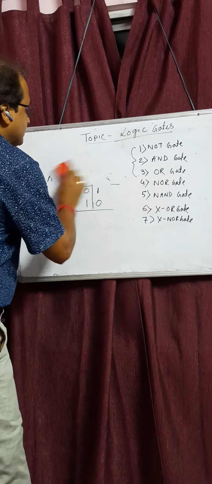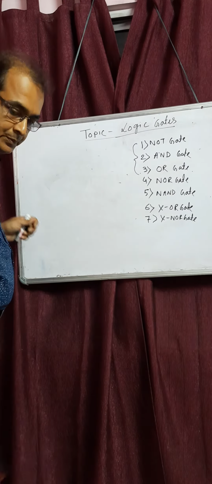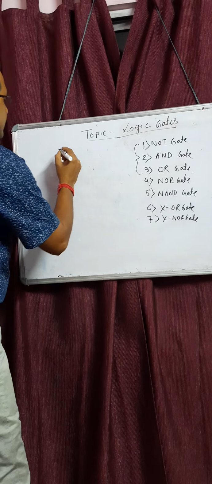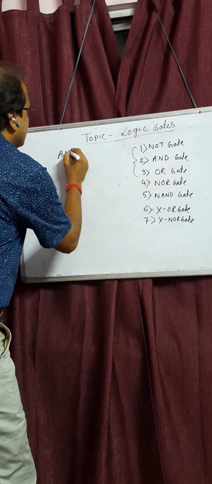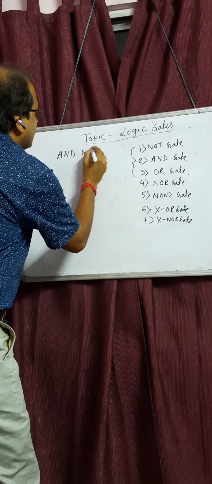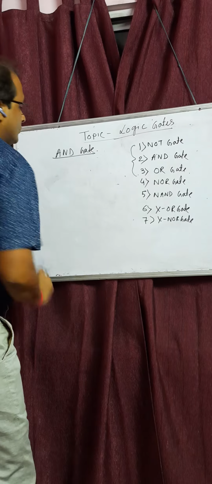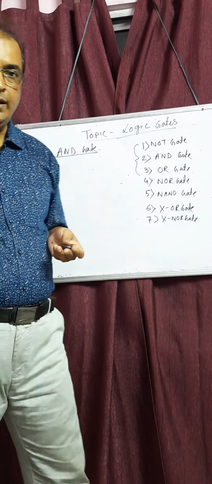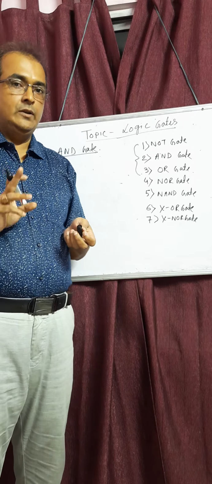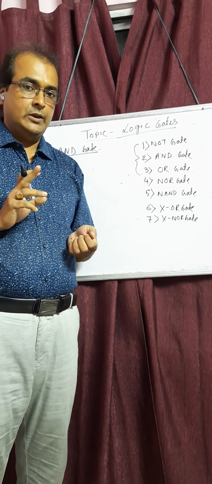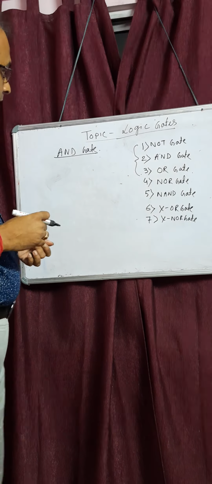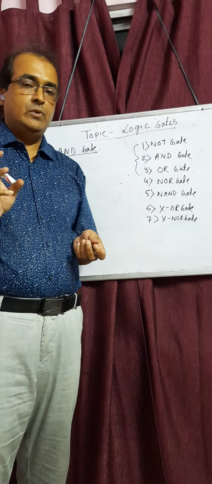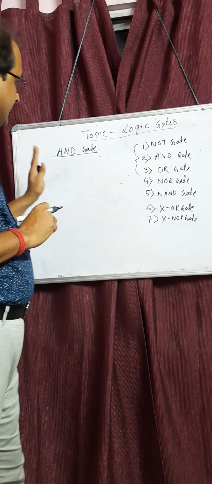AND gate. Okay. So AND gate. So what is the purpose of AND gate? It gives the multiplication output or a multiplied output. So ANDing operation is performed by this AND gate.